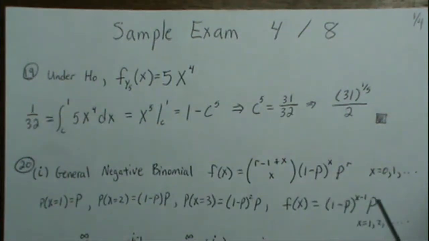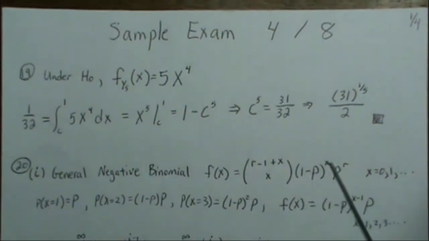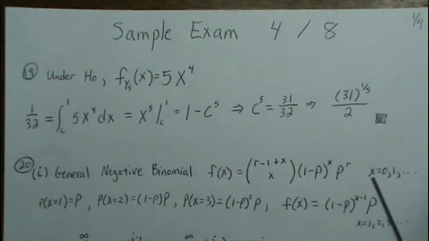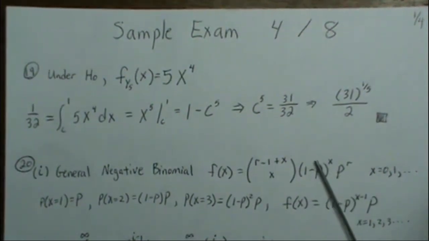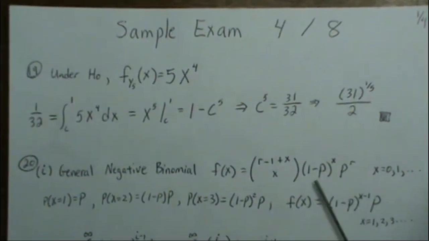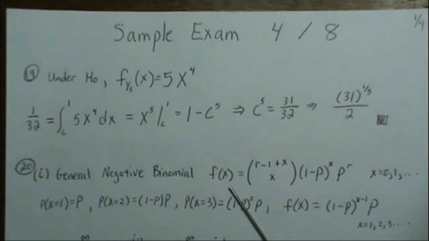Okay, in our problem it's 1, but this is the general negative binomial, and so x goes from 0 to infinity. And we know that the sum of this over all values is 1 because it's a probability mass function.